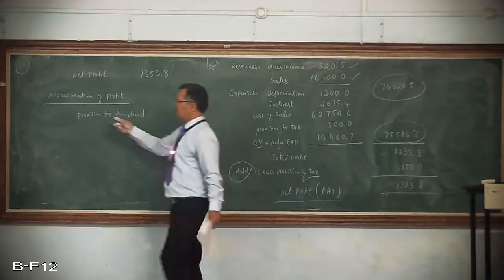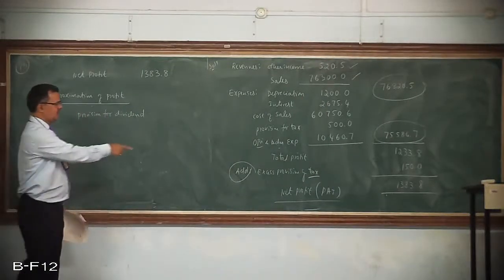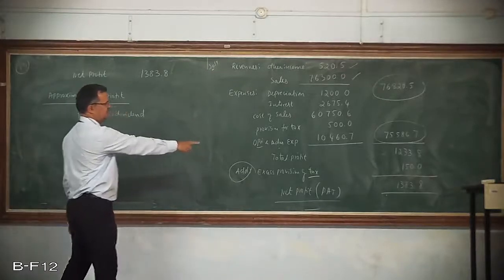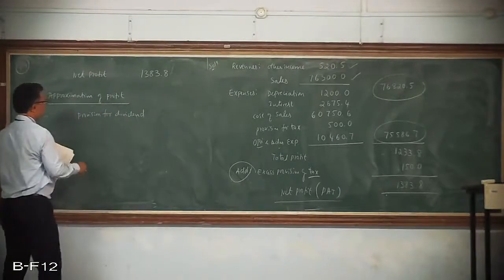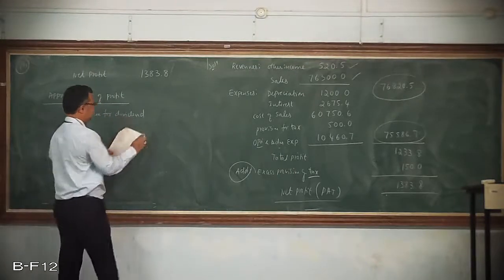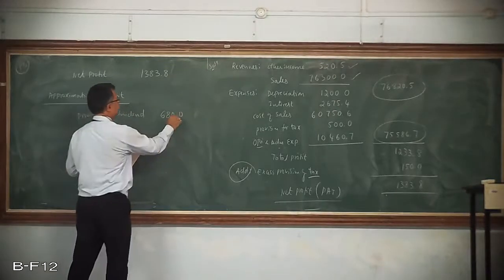So that's why in the appropriation of profit we take the dividend. Dividend is given only when the profit is a positive value, not negative, because the revenue is more and the expenses are less. Now the dividend provision, how much is it? It is 680.0.